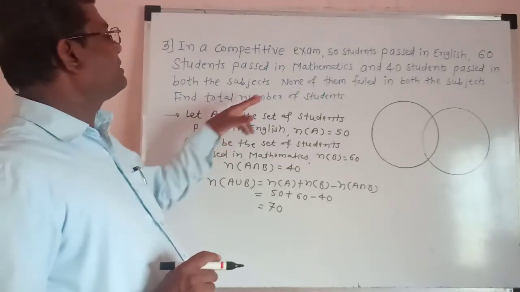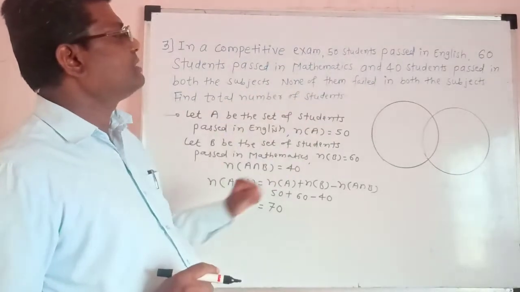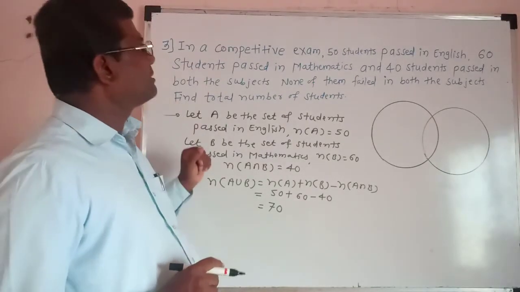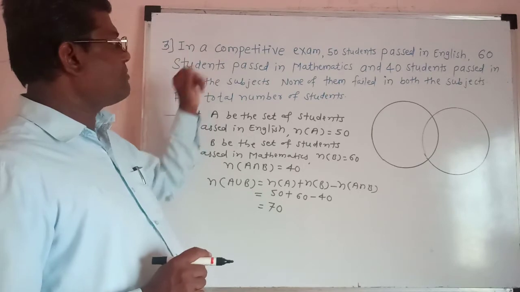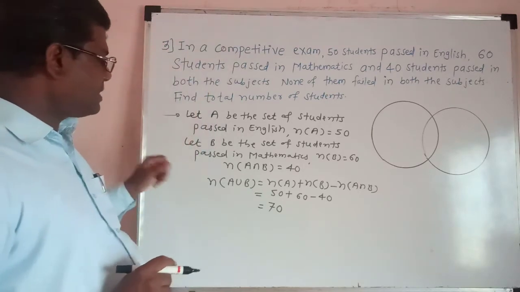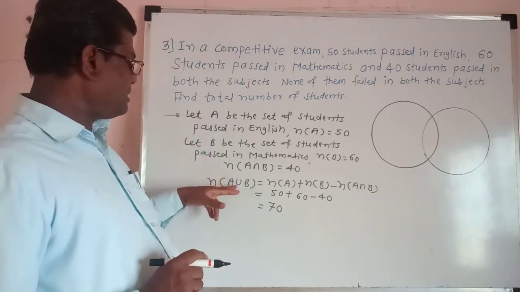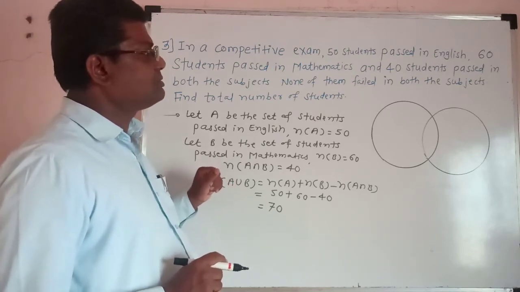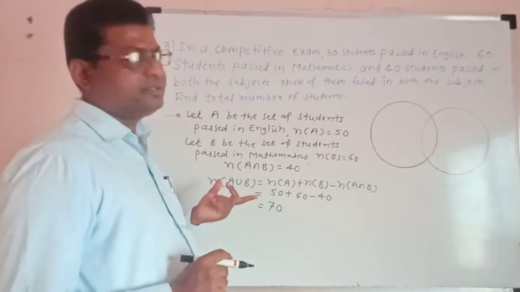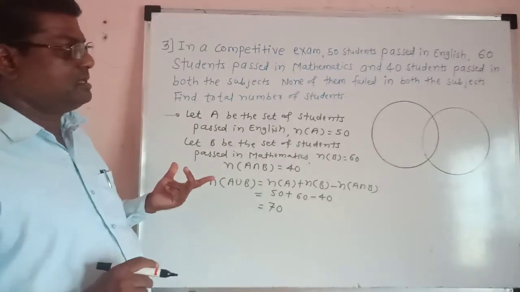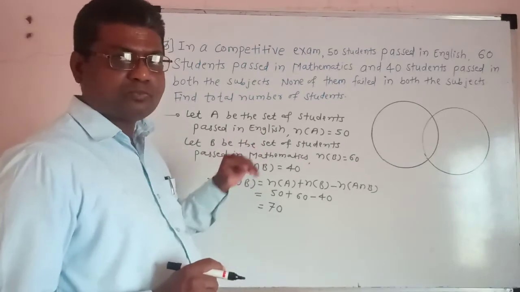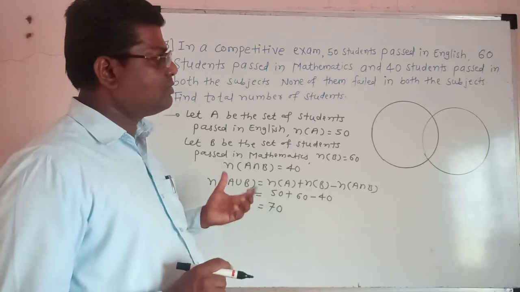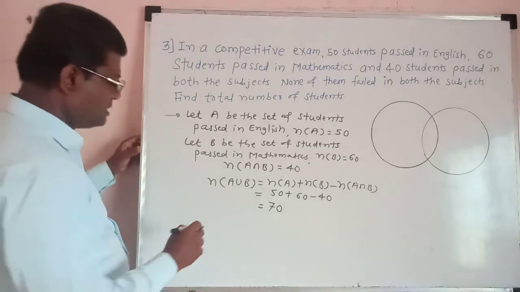And here it is given, none of them failed in both the subjects. So the students in the competitive exam are n of A union B. N of A union B means the students who pass in only English, students who pass in both subjects, English and mathematics, and students who pass in only mathematics also.